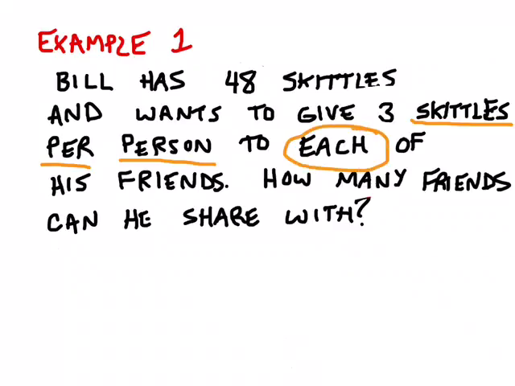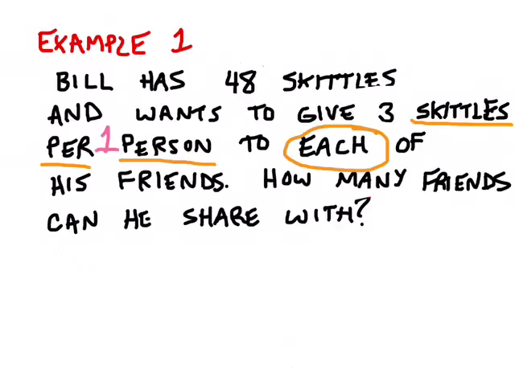Each is a 1. When each person gets something, each of the 1 people get something. But this idea of something per something, in this case Skittles per person, is a really good thing to start to notice because that's a specific unit rate phrase. So when I say 3 Skittles per person, I'm saying 3 Skittles per every 1 person.